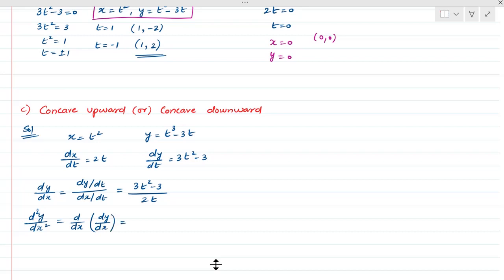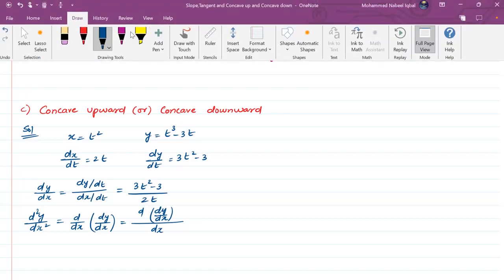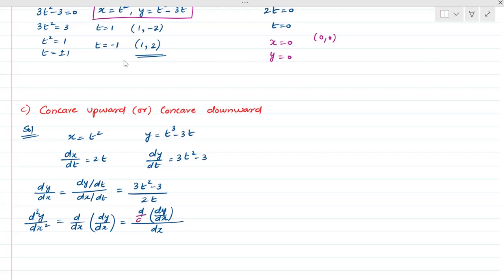How will you remember this rule? It is very simple: dy over dx, and here you have a d and this is the dx. Now I just put dt over dt, because t is a variable common to x and y. Therefore we will have d over dt, differentiating this part with respect to t.